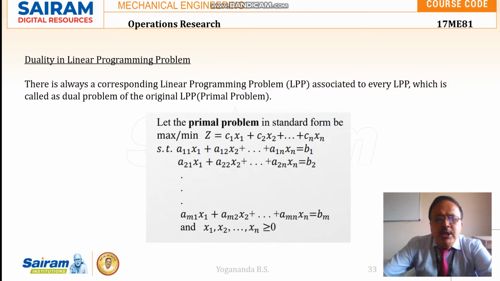Similarly, we have constraint number 1, constraint number 2, so on, and the last constraint, that is am1 x1 plus am2 x2 so on till amn xn equal to bm. And we also make sure that the variables will not take any negative values: x1, x2 so on till xn greater than or equal to 0. So this is the primal problem.